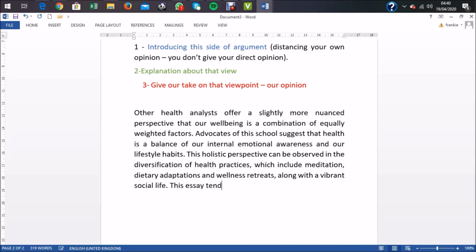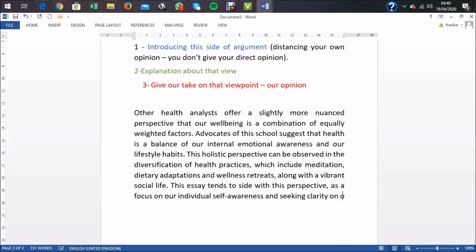This essay tends to side with this perspective as focus on our individual self-awareness and seeking clarity on our identity can enable us to lead more conscious and self-directed lives.